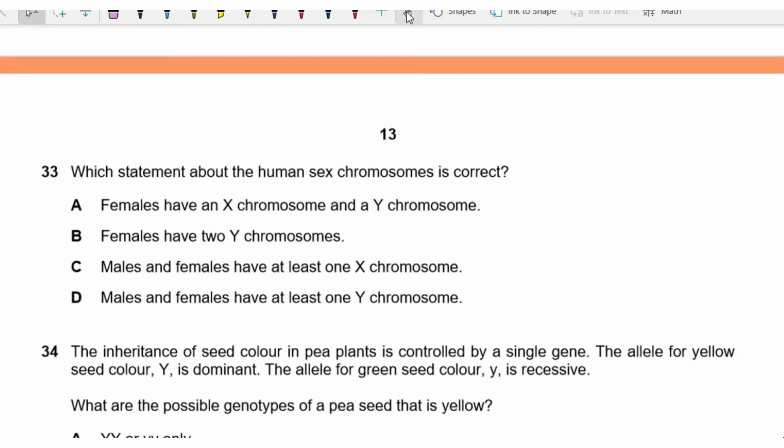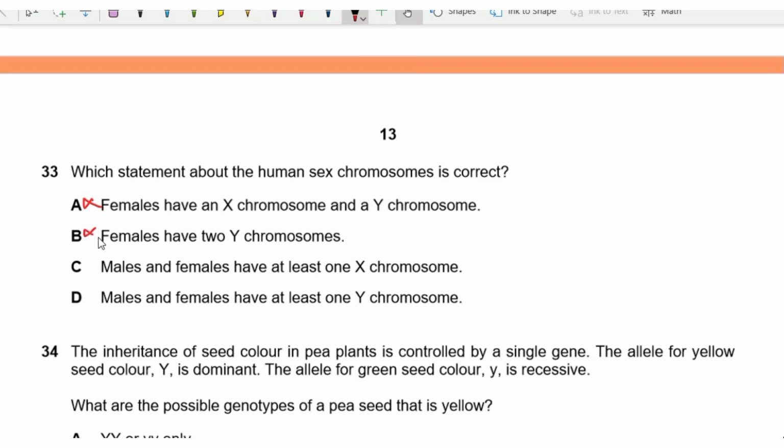Question 33 says, which statement about human sex chromosomes is correct? Option A, females have an X chromosome and a Y chromosome. No, females don't have the Y chromosome. Option B, females have two Y chromosomes.